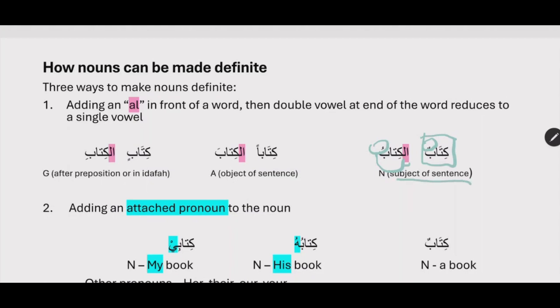Like if you want to say al-kitabu alal maktabi, on the desk, and there's no verb there, so therefore you'll just use the nominative case of the kitab in that particular example of the sentence. Then we have kitaban, which becomes al-kitaba. Again, you notice a double vowel becoming a single vowel and the al in front of it. Now this one is used as an object of a sentence.